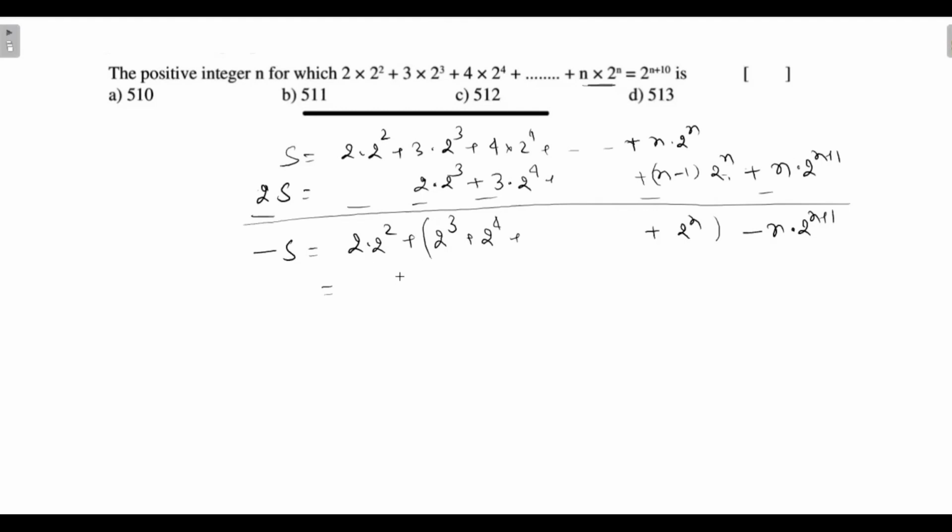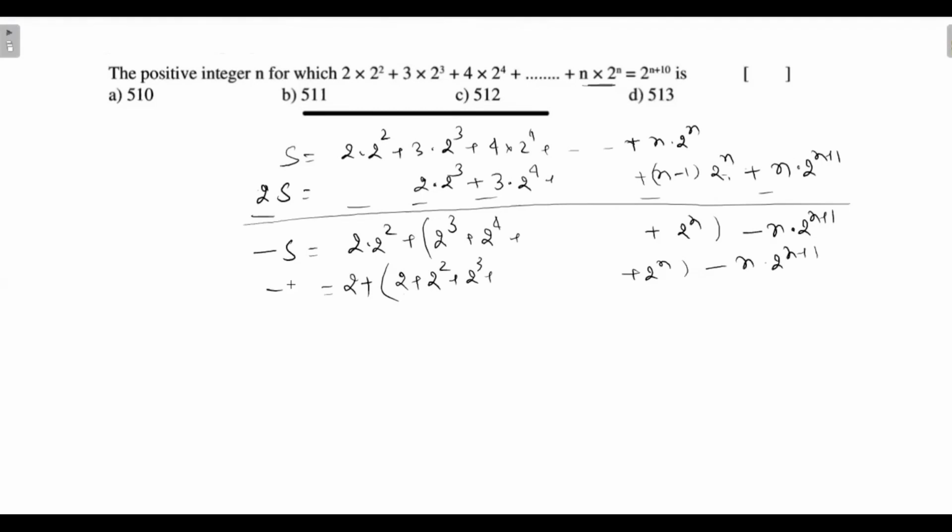Can I write this as 2 plus 2 square plus 2 cube, so that this entire thing becomes 2 to the power n? What I've added is 2 plus 2 square, which was not there, which is 4 plus 2, 6. And here it is 2 to the power 2, 4 into 2, 8. So I'll just write 2 plus here, into 2 to the power n plus 1.